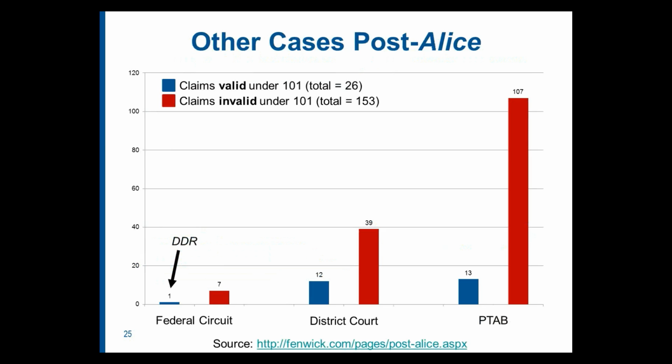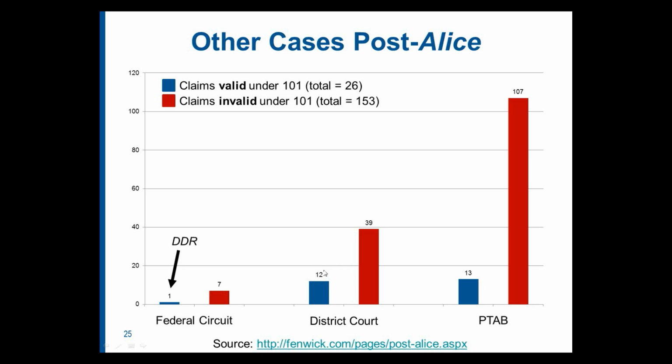So other cases post-Alice, as you can see, here's DDR, and the blue represents courts holding that the claims are valid under 101, and you can see total equals 26, and claims rendered invalid under 101 by courts in the PTAB total 153. Now again, DDR is this little guy over here, just one out of the Federal Circuit versus 7.